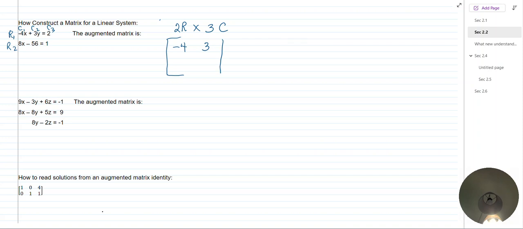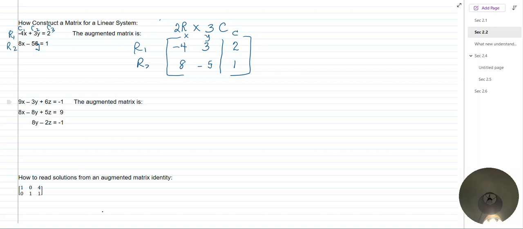Augmented means we have a line to separate the outcome. The outcome was a 2. The x is an 8. The y is 5, sorry about the typo. And the outcome is 1. So this is row 1, row 2 to stand for the system of equation listing. This is my x column and my y column, and this is my constant column, which is the output of what we had. Definitely easy.